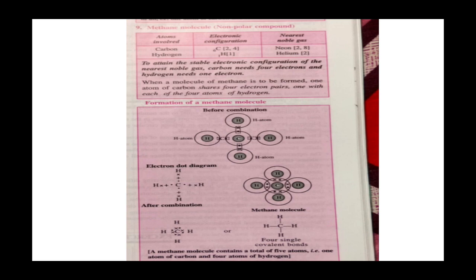Now afterwards you can check methane. Methane is a non-polar compound. Why? As I told, the electronegativity difference between hydrogen and carbon is very less. In the methane molecule there are a total of 5 atoms, 1 carbon and 4 hydrogen. Each hydrogen shares one electron with the carbon, and the carbon shares its 4 electrons with the hydrogens.